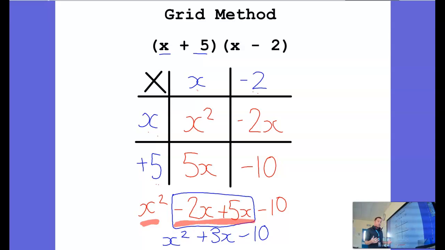X squared is not a like term, but the minus 2x and the plus 5x, those are like terms, so I can combine them to get this 3x. So, simple as that. You break it down into x and plus 5, into x and minus 2, and then I multiply all of those parts out, simplify at the end, collecting the like terms.